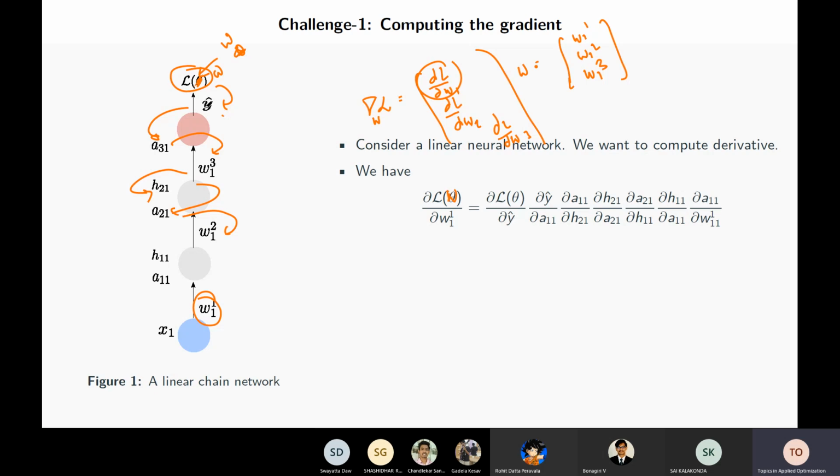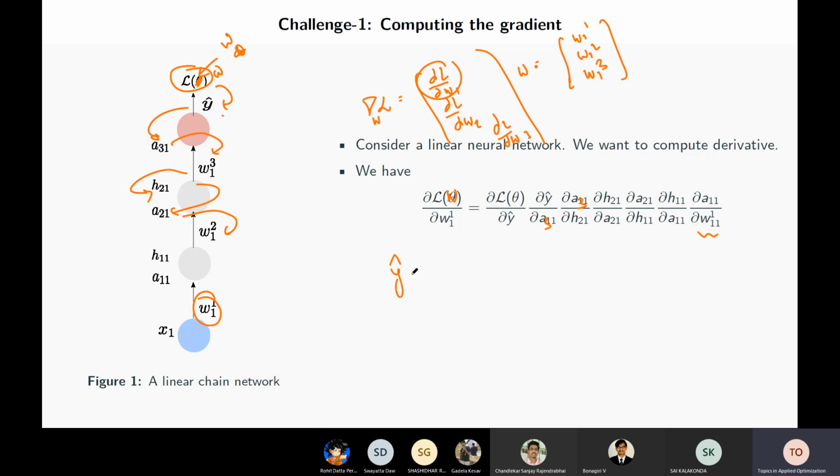Now I see y hat as a function of a31, and a31 as a function of h21, h21 as a function of a21, a21 as a function of h11, and h11 as a function of a11, and a11 finally has a dependency on w11. Okay, so this is how we have seen it.